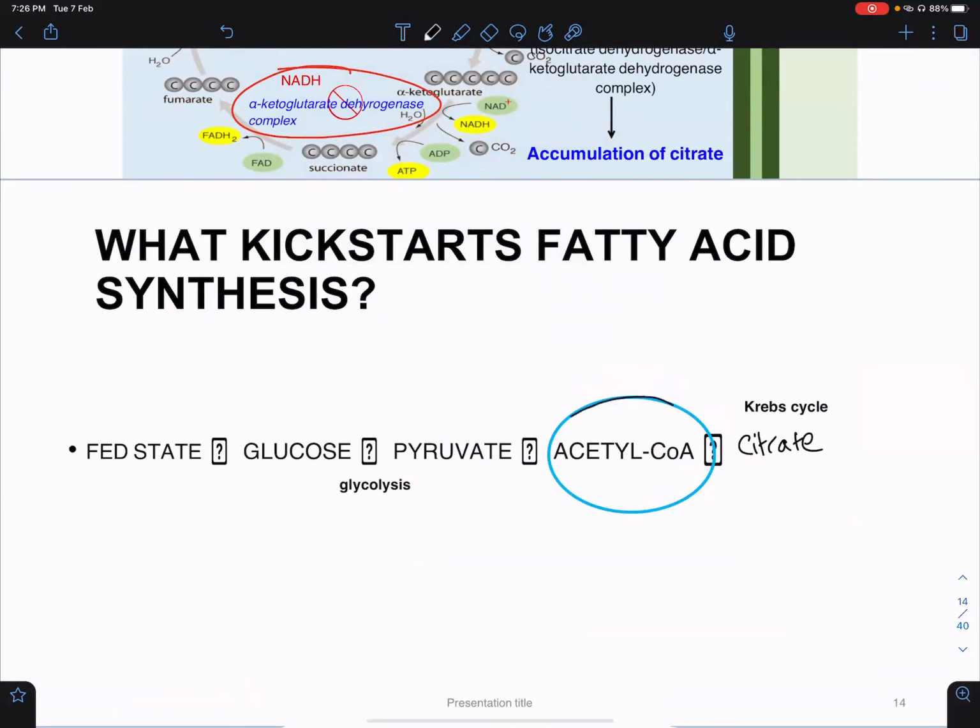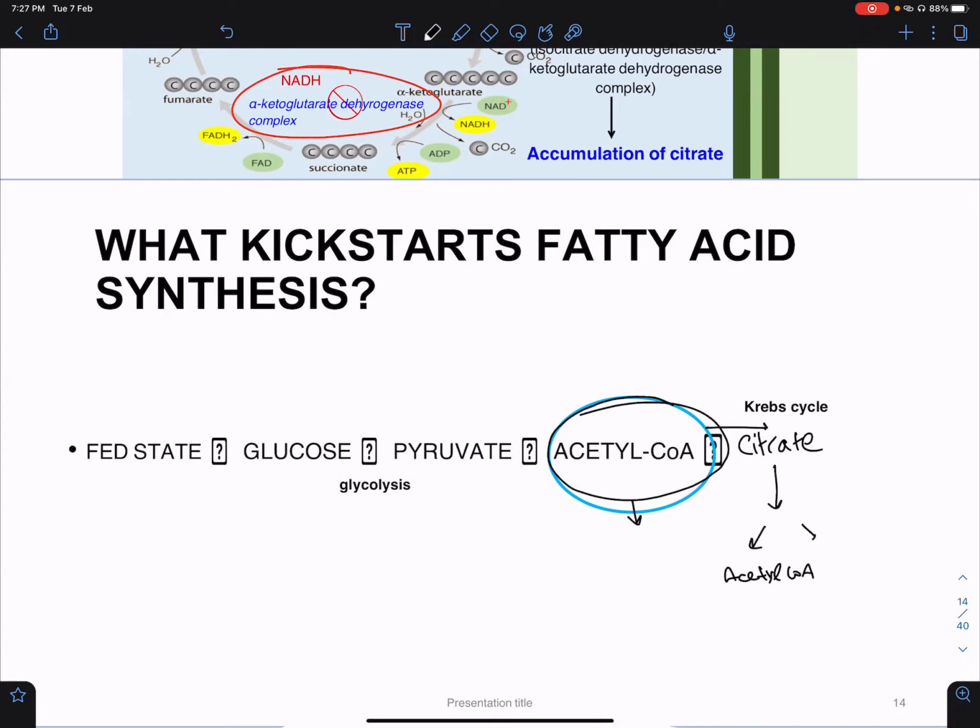Basically, acetyl-CoA is the building block for fatty acid synthesis, and in order to make fatty acids, we need to have acetyl-CoA. But citrate is the transporter, which means that because acetyl-CoA cannot go where we want it to go to make fatty acids, instead, we just take citrate where we want it and then break it back into acetyl-CoA to use it again.